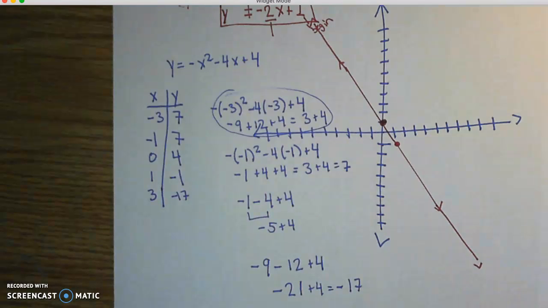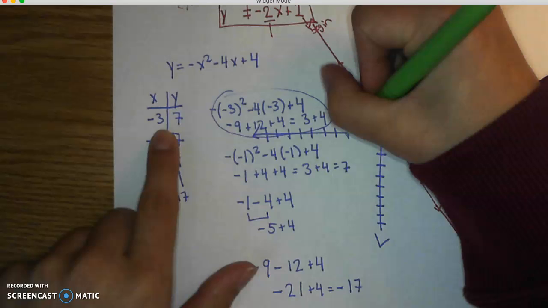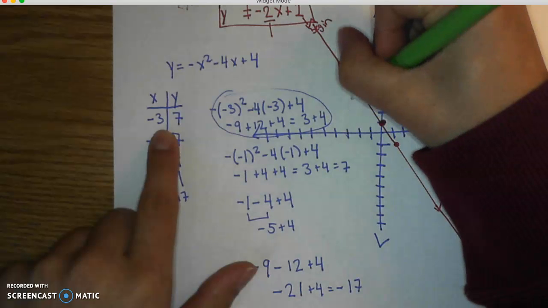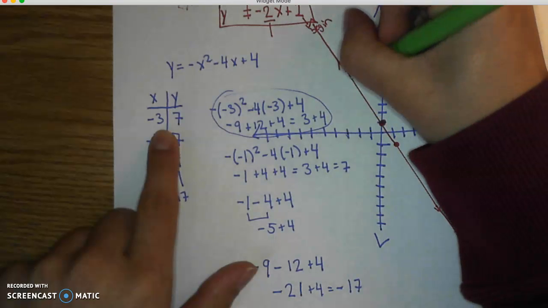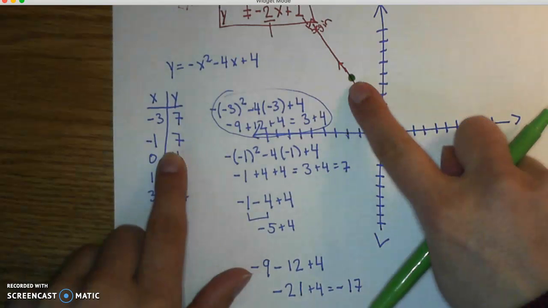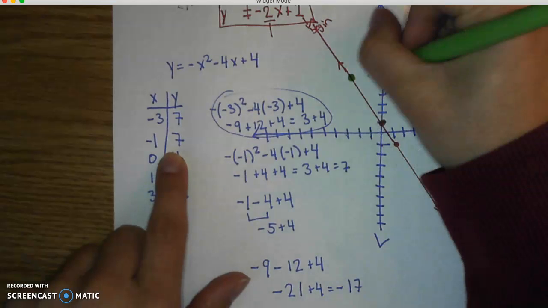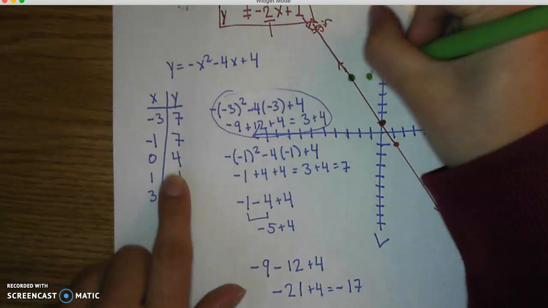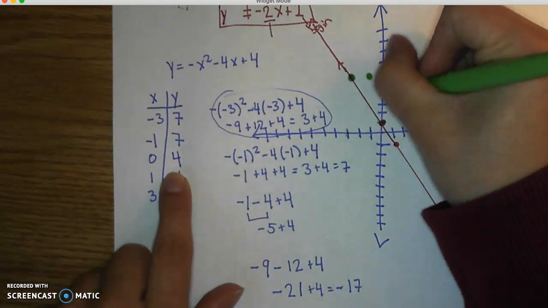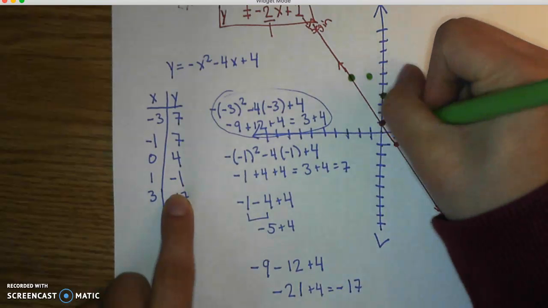All right. Let's graph it now. -3, 7, 1, 2, 3, 1, 2, 3, 4, 5, 6, 7. Oh my goodness, it's right on the graph. -1, 7. 0, 4, 0, 1, 2, 3, 4. 1, -1.